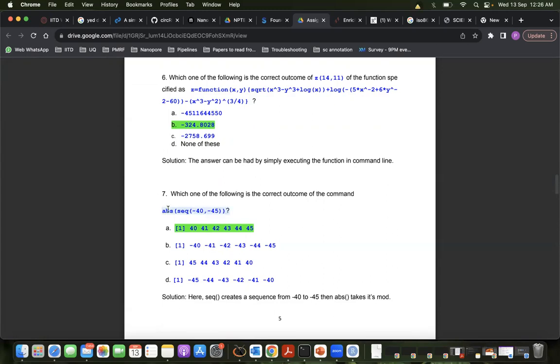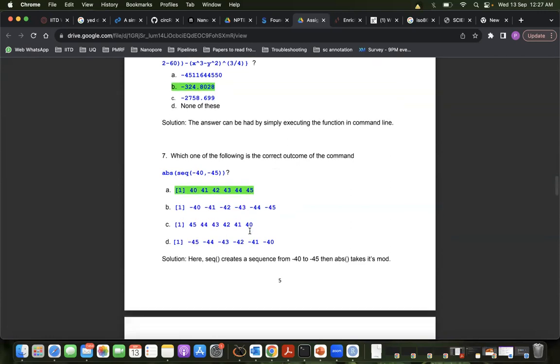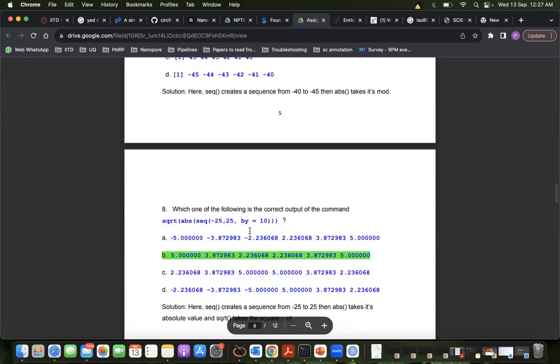And ABS is absolute. Okay, this we had seen in one of the earlier lectures, when we were discussing basic transformations like this. So it's just going to remove the sign from all of them. So the order stays the same. It was -40, it just became 40. The last one was -45, it became 45. Okay, that's there.